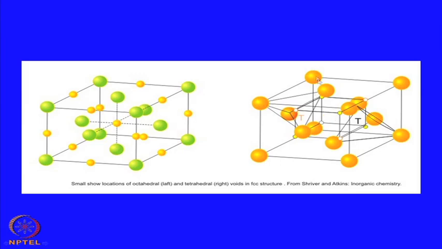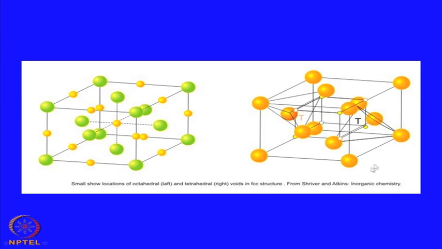And if you draw a body diagonal, then there will be 2 interstitial sites on that body diagonal. It is about 1/4 from each corner. Okay. So, if you draw a body diagonal from this atom to this atom, then there will be one somewhere here, which is about 1/4 of the total length of the body diagonal, and similarly 1/4 from the other side. Okay.